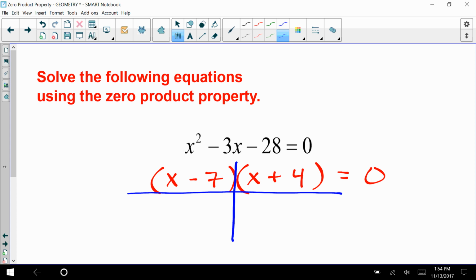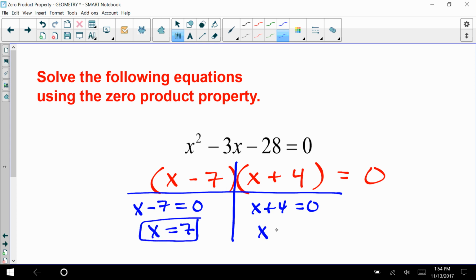So what I just did there in drawing this t-chart, I call this teeing off. And you create this t-chart to be a helpful reminder for you to set these two expressions equal to 0. So when you solve, you get x equals 7, that's one solution, and x equals negative 4, that's the other solution. So there's two possible solutions.